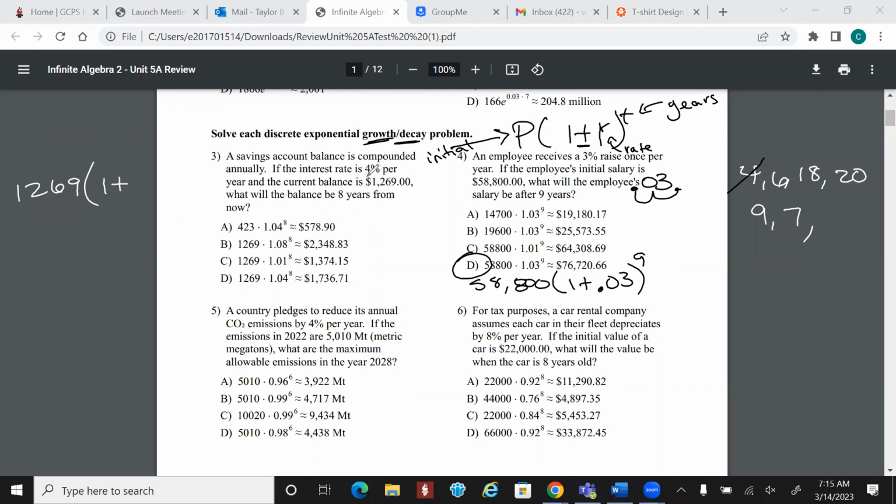I'm sorry, what is our percent changed to a decimal? Fantastic. And then the number of years is, okay, so which one of these is set up that way? B and D. No, just this D, right? Yep, there we go. Our answer is D.